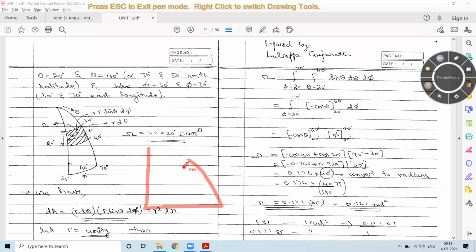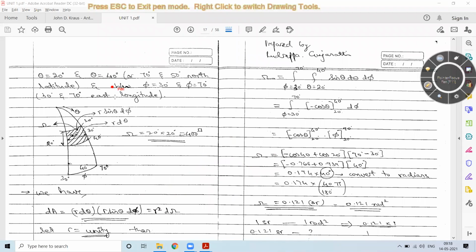If I consider this as 70 degrees, and take up to this point, say this is 50 degrees, that is this part in terms of theta.